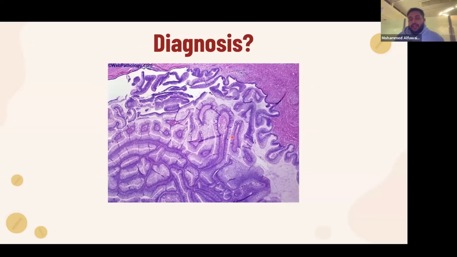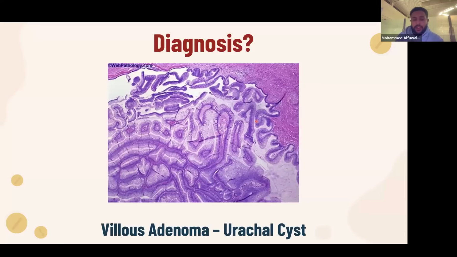Now, this villous adenoma is a risk factor for what type of cancer? Adenocarcinoma. Simple. Because it's an adenoma. Glands. How do I say it's villous? It's finger-like projections. And this later on develops into adenocarcinoma. So this is all that you need to know about the congenital bladder stuff.